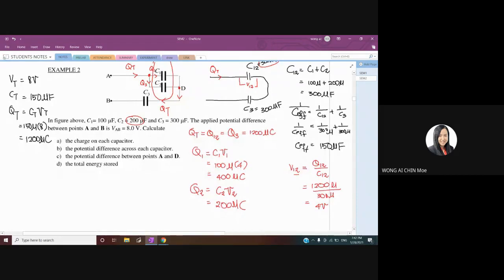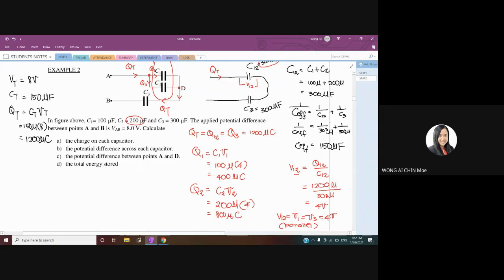As I mentioned, because it is connected in parallel, V12 equals V1 equals V2 equals 4 volt, so their voltage is the same. Substituting 4, you will get 800 microcoulomb.